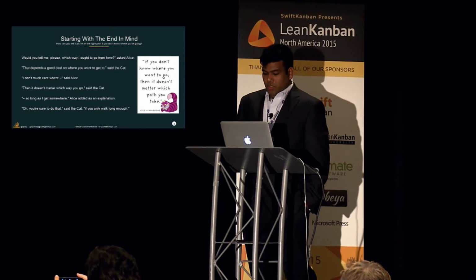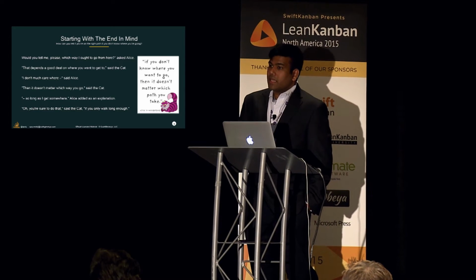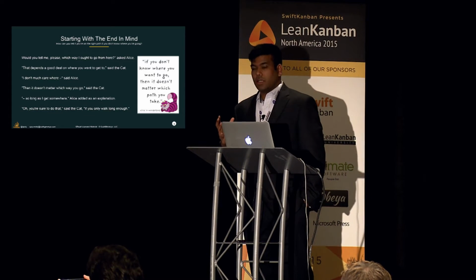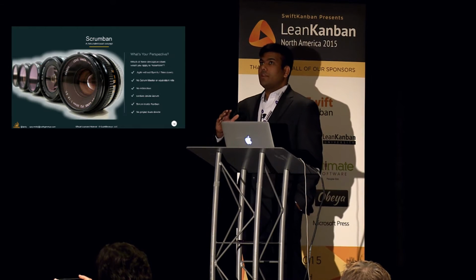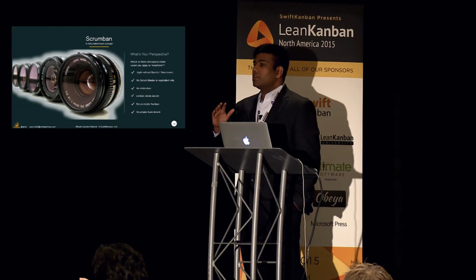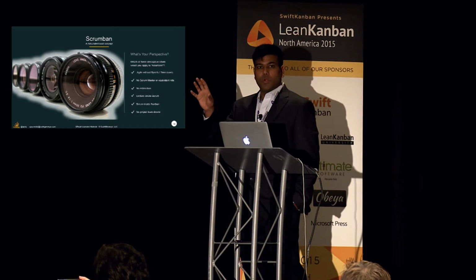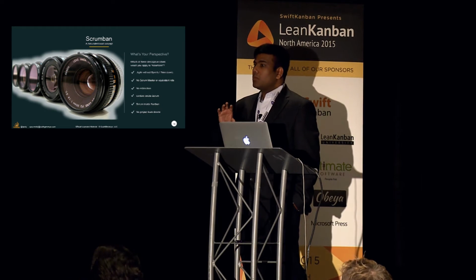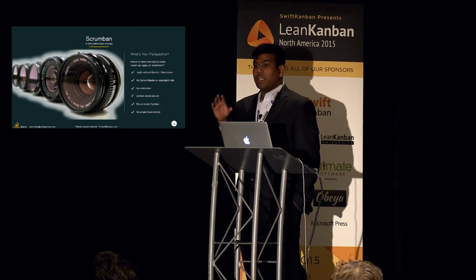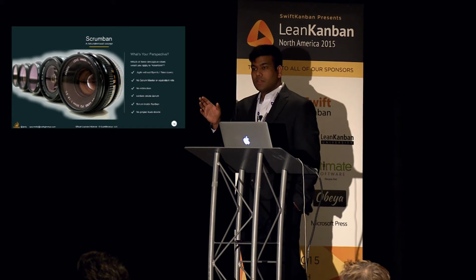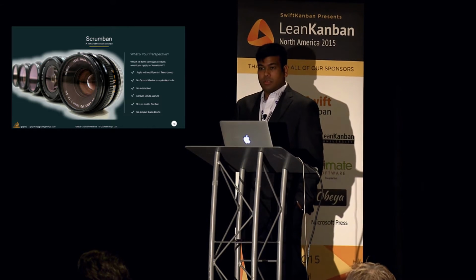So even if you have just a vague idea, even a confusion about why you're doing what you're doing, a framework like Scrumban can help you articulate it, define what it is, and then go in that direction.